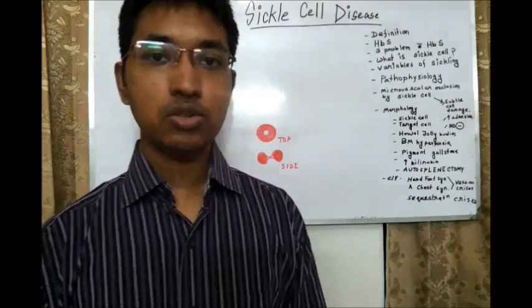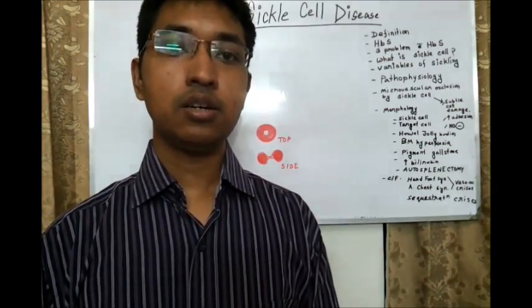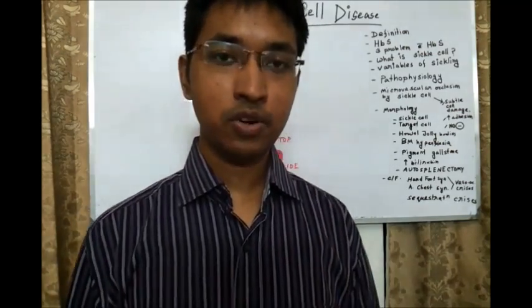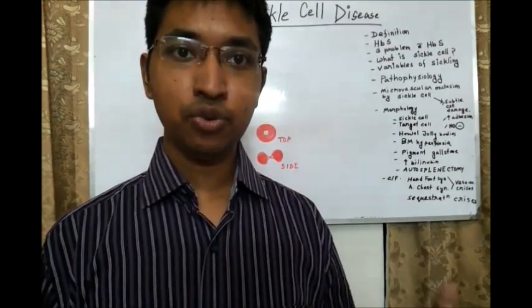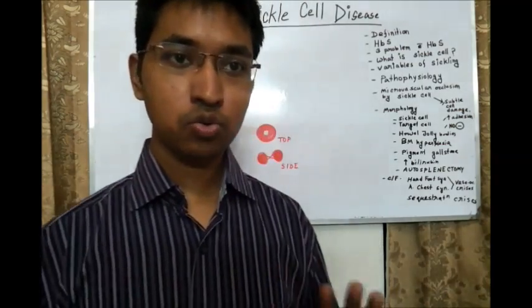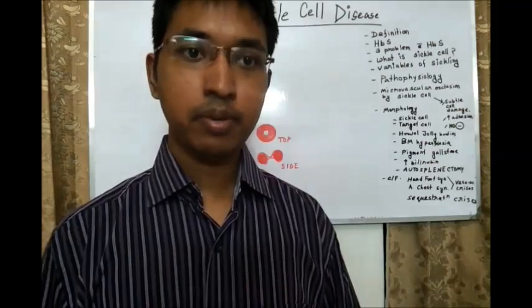It occurs due to point mutation in the 6th codon of the beta globin gene. Whoa, it's a very long definition full of a lot of biochemistry terms. Don't worry, we will discuss this definition step by step.